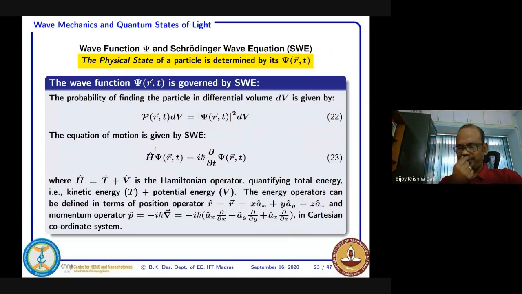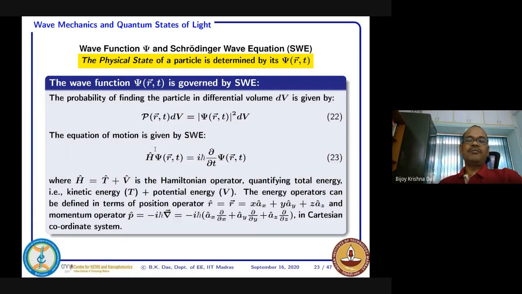Okay. Now, the wave function psi. I have introduced psi in the Schrodinger wave equation. So this psi is something you use to represent the quantum state of a quantum particle.